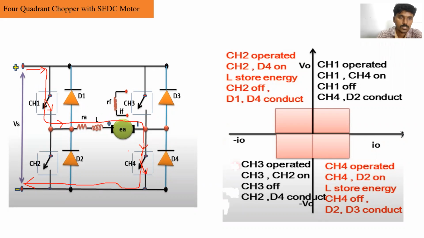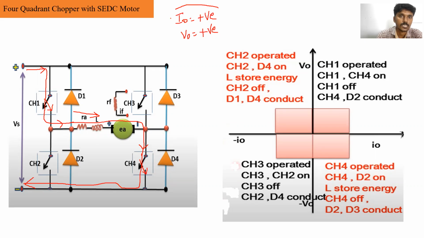When switch 1 and switch 4 are closed, the current is flowing in this direction. If it is assumed as positive, the output current is positive, so the output voltage is also positive, because if current is flowing, the voltage is present across the load circuit.